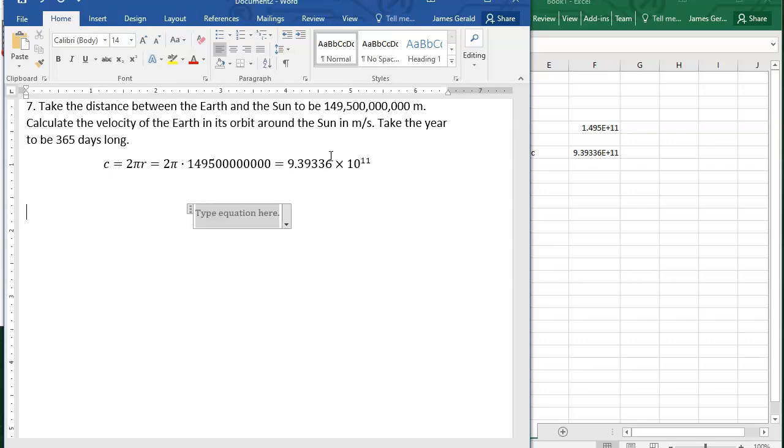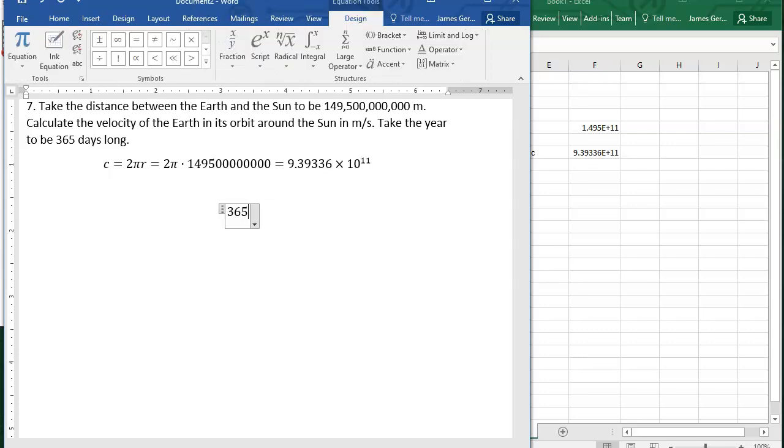The other piece we have is we have 365 days, but we need to convert 365 days into seconds, right? We've got to get to seconds. Well, we know we've got 24 hours per day, and that'll get rid of days and get us to hours. And we know that we have 3,600 seconds per hour.